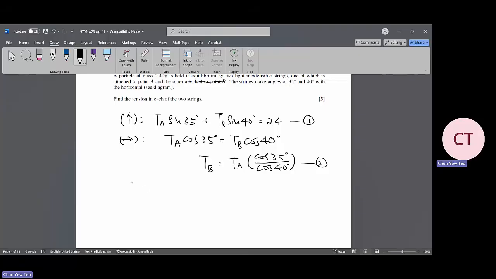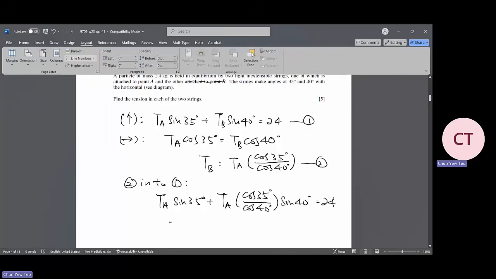Now you put 2 into 1 and solve the simultaneous equations. You have TA sine 35 plus TB, which is already replaced with TA cos 35 over cos 40, multiplied by sine 40, equal to 24.